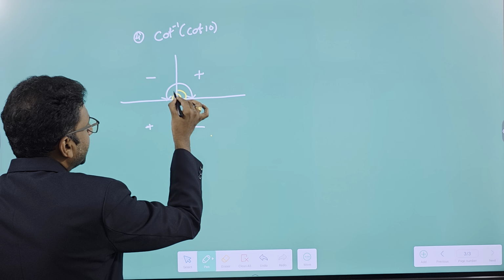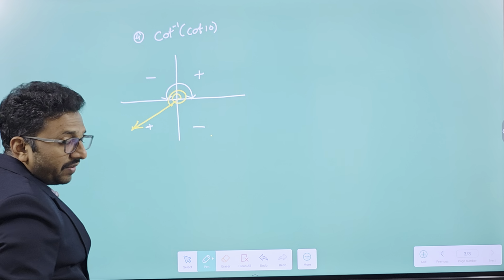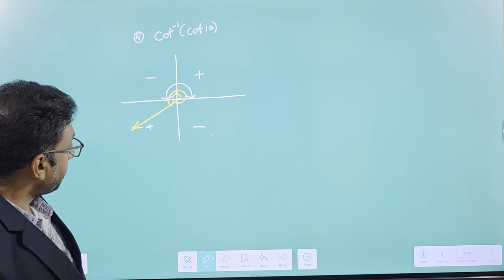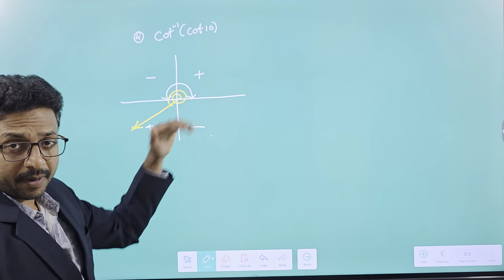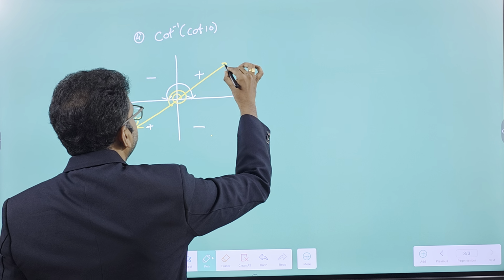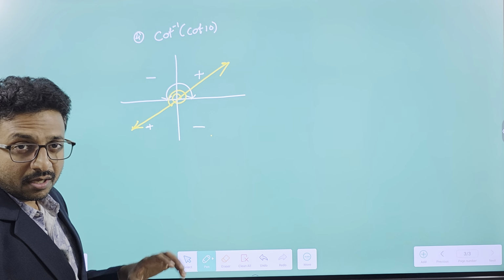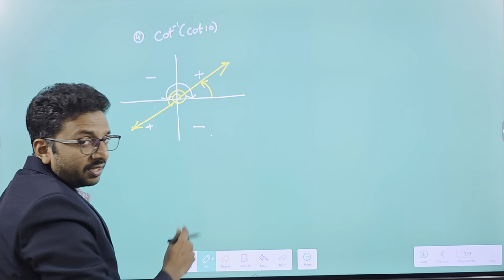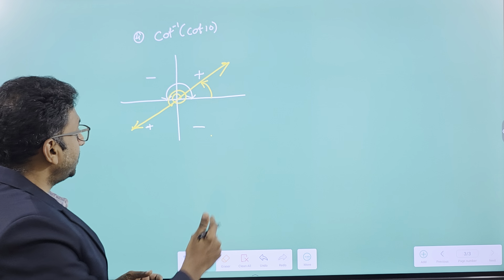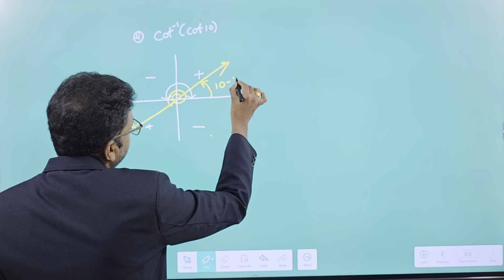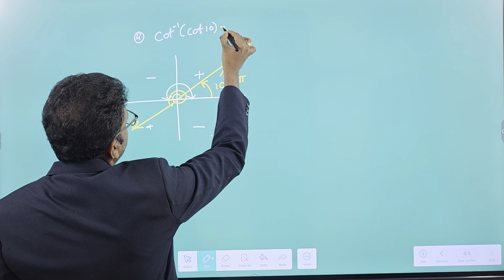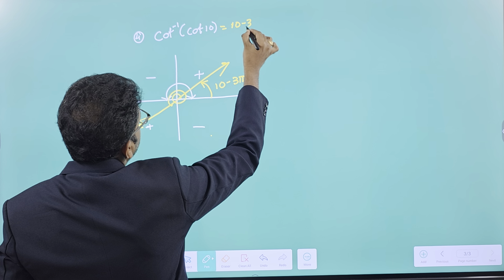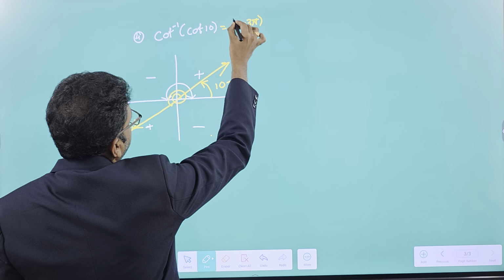The ray is like this. Again the reflection has to happen about the origin, because it is plus, plus. So this is the reflected ray. This has come into the range. Once the reflected ray comes into the range, the basic angle corresponding to the reflected ray is the answer. So this answer is also 10 minus 3 pi. So cot inverse of cot 10 is also equal to 10 minus 3 pi.